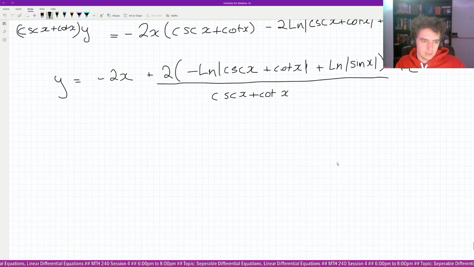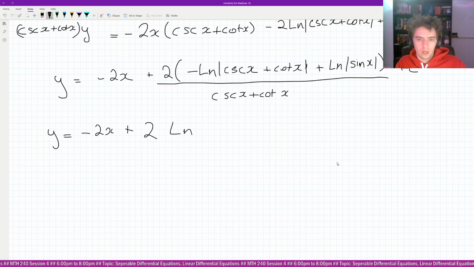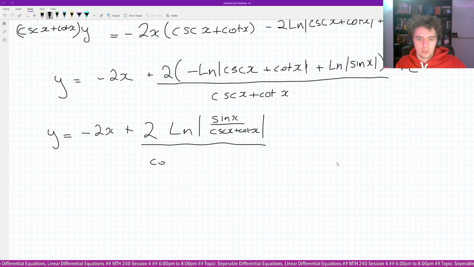And just to be a little more clear, negative 2x plus 2 ln absolute value sine x over cosecant x plus cotan x, all over cosecant x plus cotan x plus c. Just combine those up there.